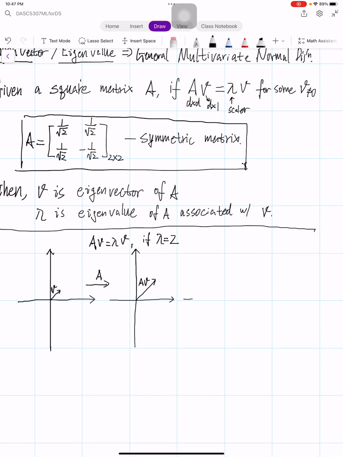Then suppose we do it one more time. We apply the operation A again, so we get an even longer vector, double the length of A nu. So this is A square nu.